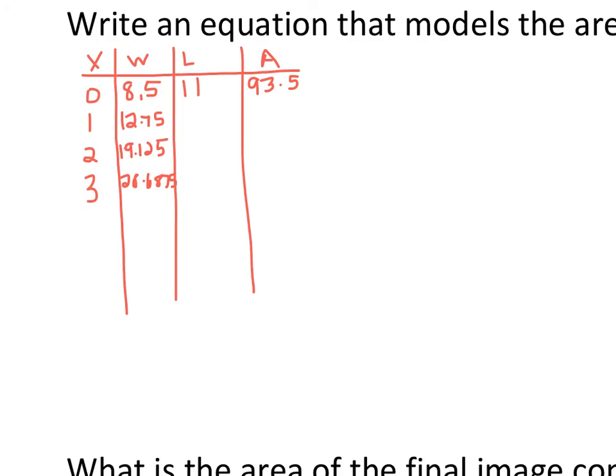Okay. Do the same with 11. 11 times 1.5 is 16.5. Times 1.5 is 24.75. And times 1.5 is 37.125. And now find the area by multiplying the dimensions together. We have 210.375.